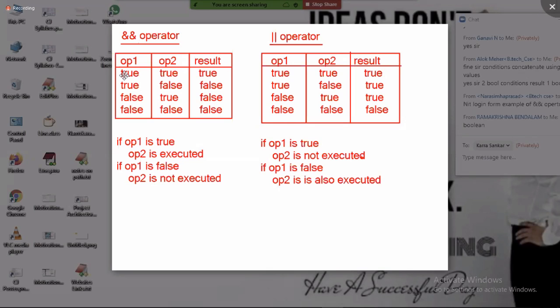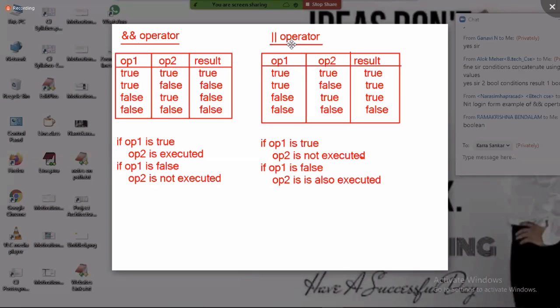If the first operand is true, then the second operand must execute, its result should be derived, then the AND operator is applied on both results and we get true or false depending on the second operand. If operand 1 is true, operand 2 is executed. If operand 1 is false, operand 2 is not executed. Based on this calculation, very important, you have so many bits in the exam. That's why you have to remember.